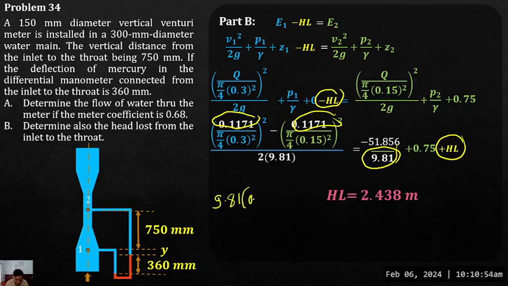Yung height mo dyan, 0.75. Tapos, plus Y times 9.81 ulit. Plus, let's say, yung 0.36 tubig ulit, times 9.81.